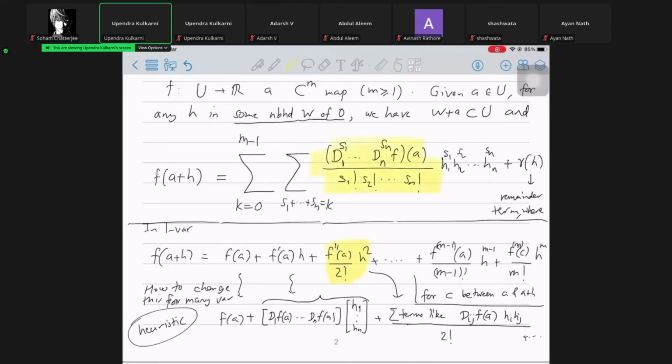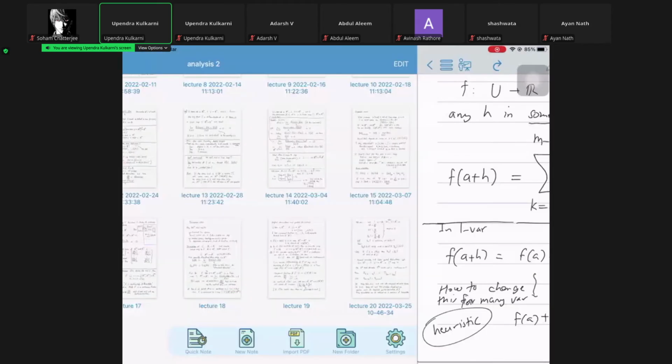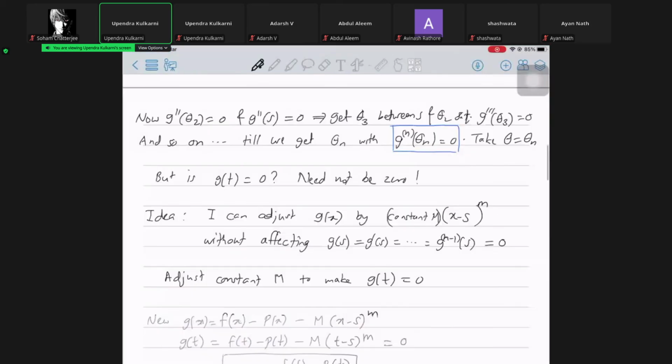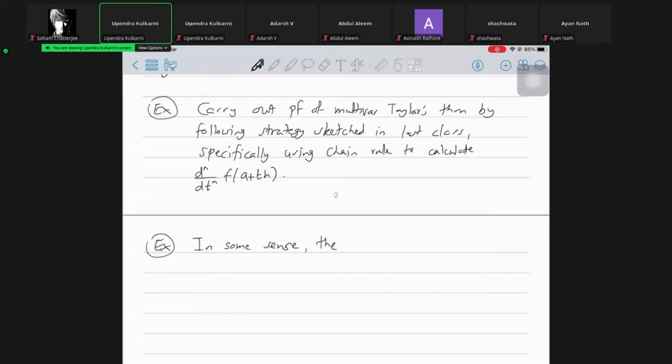So this brings a natural question. Is there a way to make sense of this one variable formula in the multivariable situation exactly as it stands? I hope the question is clear. And the answer is yes. So let me write that as a problem, and you can try to see this.